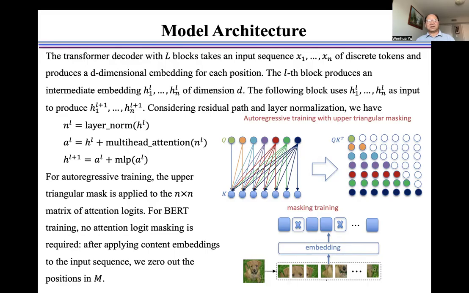After applying content embeddings to the input sequence, we zero out the positions in M, as shown here. This is the input image patches. This is the embedding module, and then we mask some of them. Then now we predict the masked tokens.